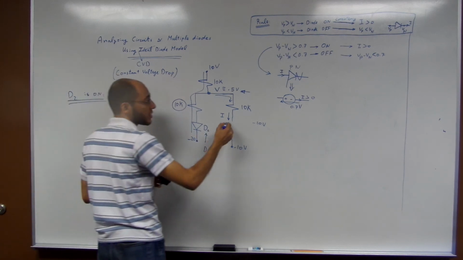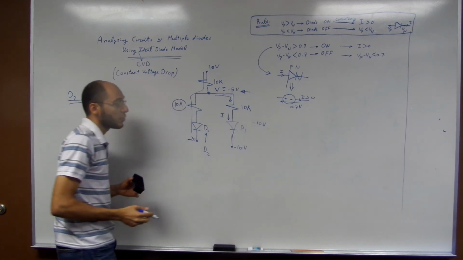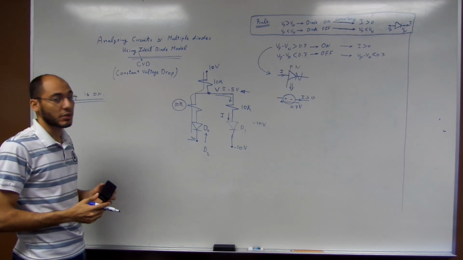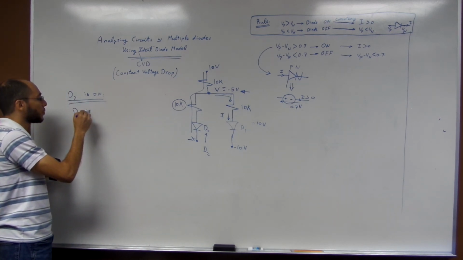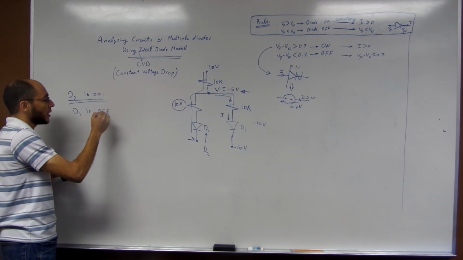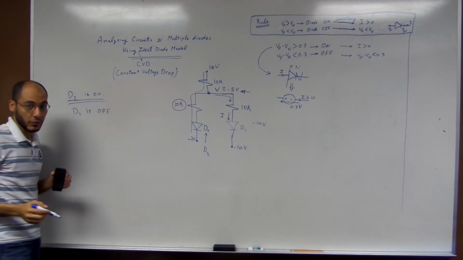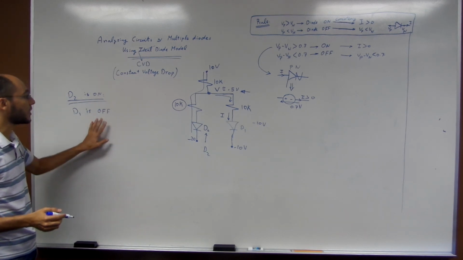So pretty much, if you didn't really get to that conclusion, which is that diode 1 is going to be on, you might pick whichever you want, assume that it's off or assume that it's on, and then figure out whether this solution is correct or not. I'm going to assume that it is off, and the reason is because I want to make sure that this really is not going to happen.